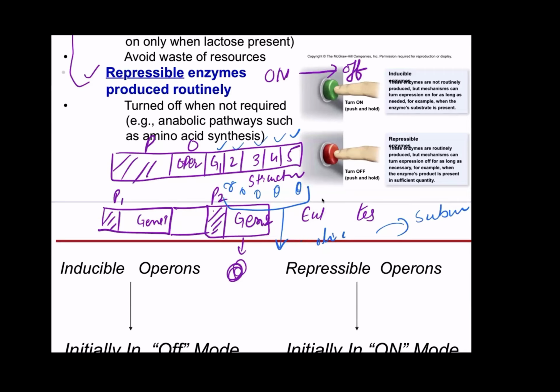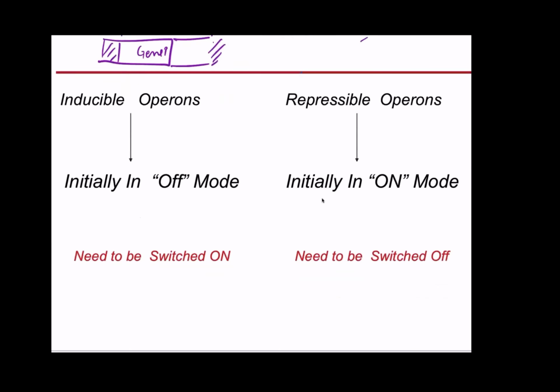It's very, very difficult to study these things in eukaryotic systems because of the complexity of the genetic system and other factors, okay? So I made this slide for you just to show inducible operons, because it's like you can switch these lights on. Definitely in the initial mode, they are in off mode and need to be switched on.